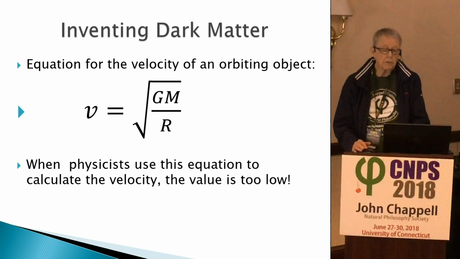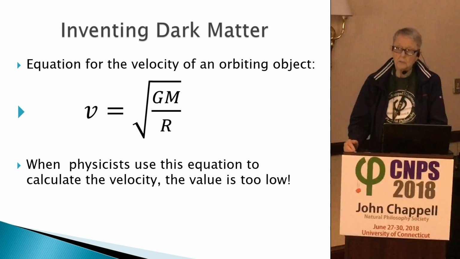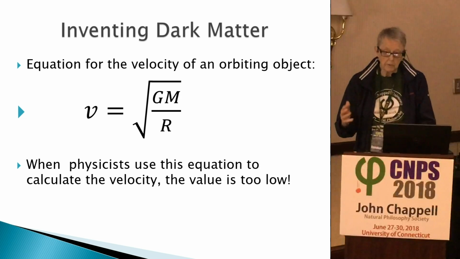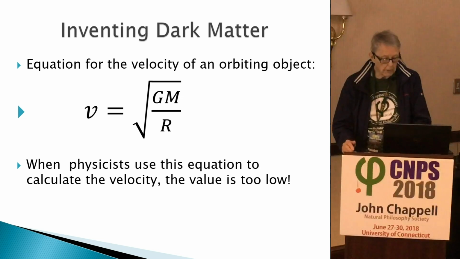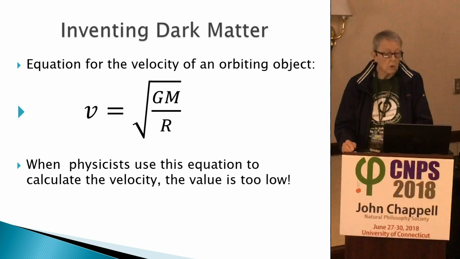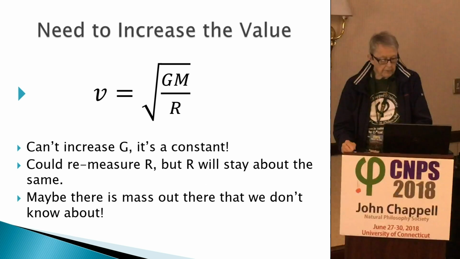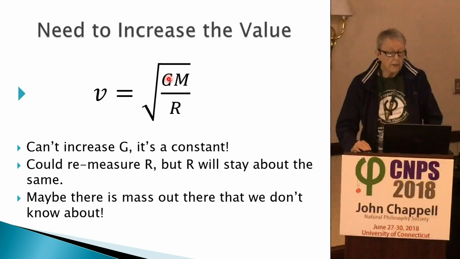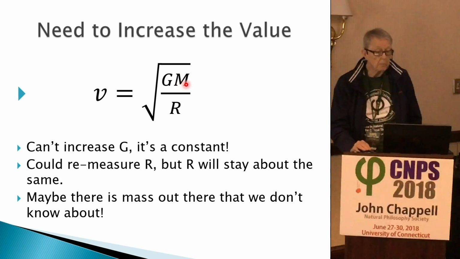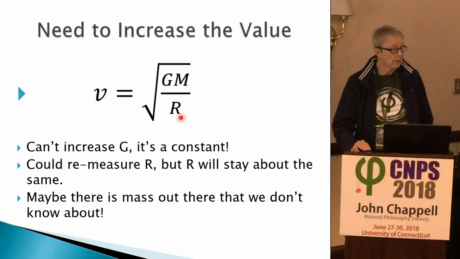Okay, so what they do is they use this velocity equation, which you probably all know well, and they use it to calculate the velocity of the stars at the edge of the galaxy, and the velocity is too low. And so they have to explain this. What they need to do is increase the velocity by, you can increase G, you can increase the mass of the galaxy, or you can decrease the distance.